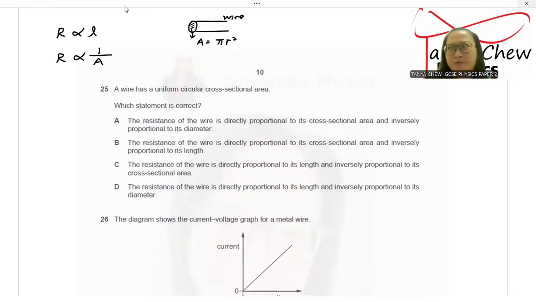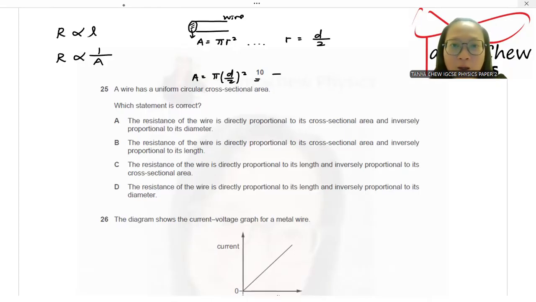The only apparatus that we could use is called a micrometer, but a micrometer can only measure the diameter of the wire. So what is the relationship between diameter and radius? Radius is equal to diameter over 2. Sub into the equation, you have A is equal to pi times d over 2, all squared. You square it and you have pi d squared over 4.